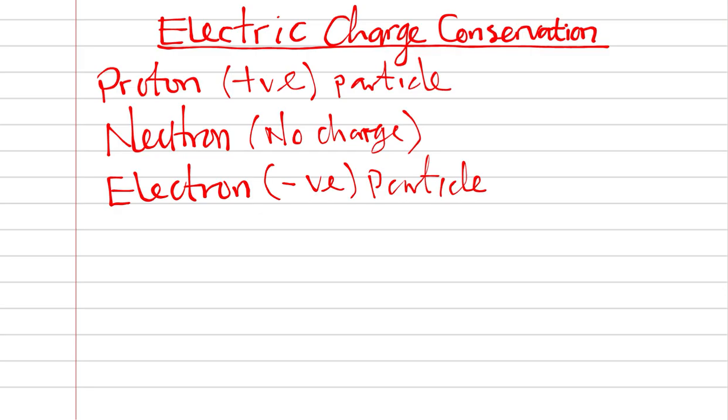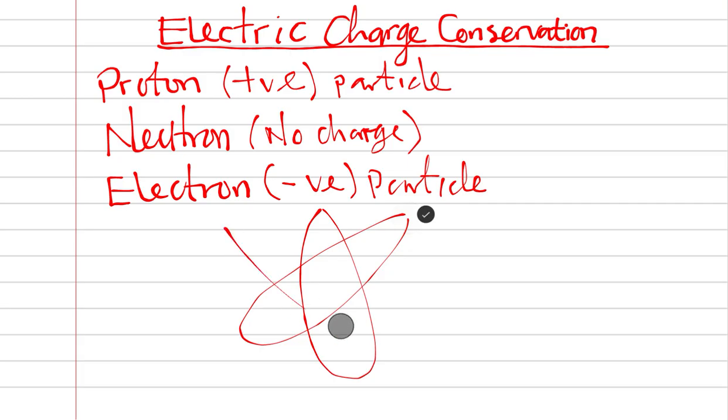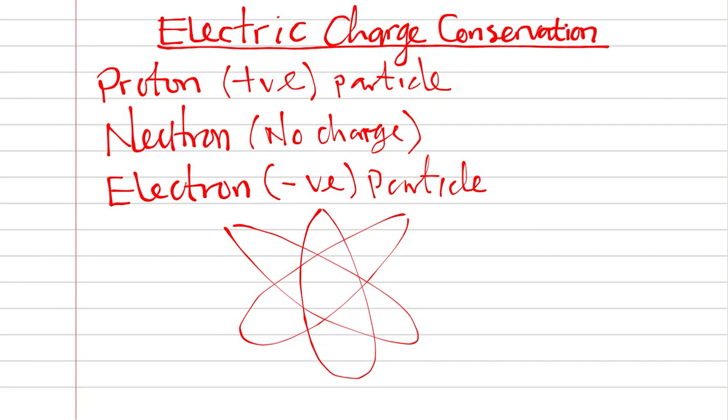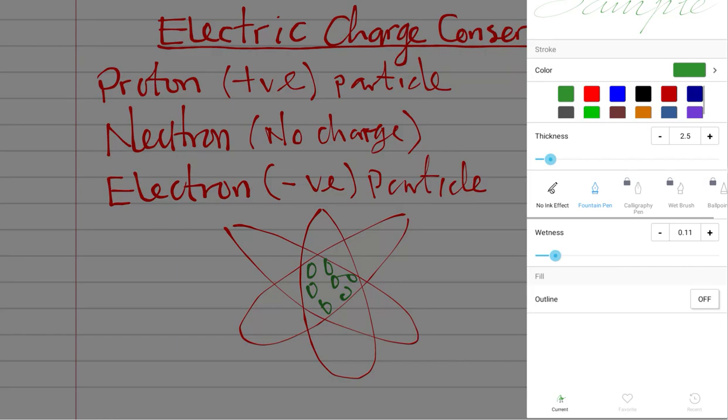now let me just draw a simple atom so that you can see what I'm talking about. So if you have something like this, this is just a simple one. This is how an atom looks like. Let's change this pen so that you can get what I'm trying to say. So these are like particles inside this atom.